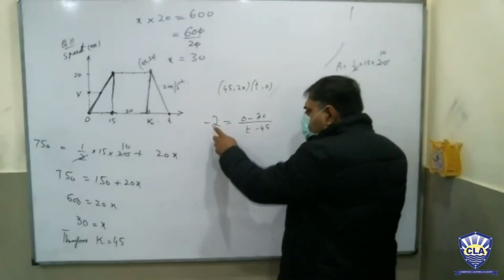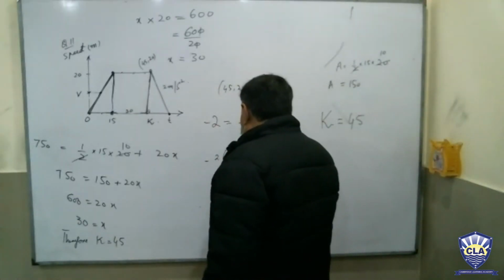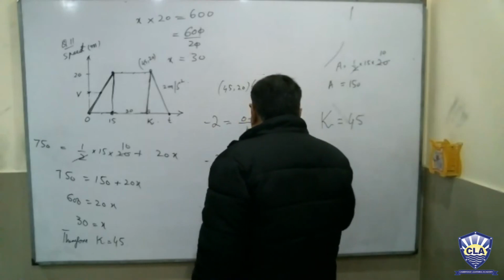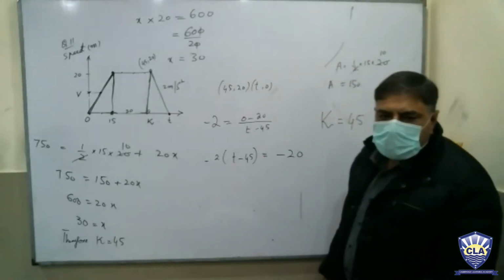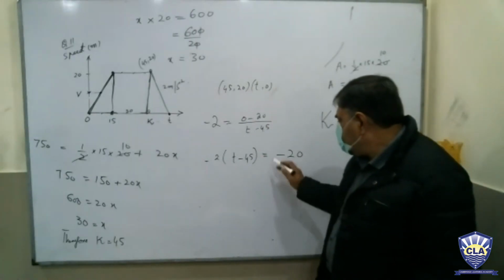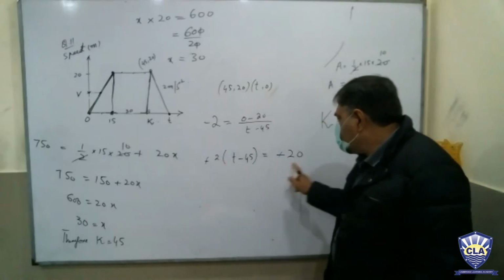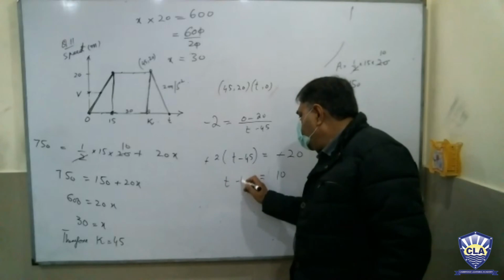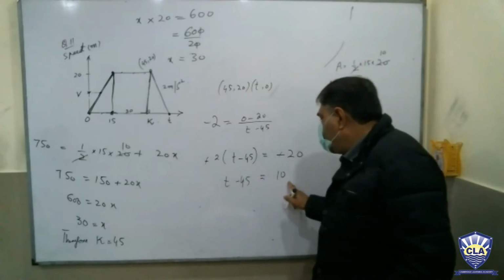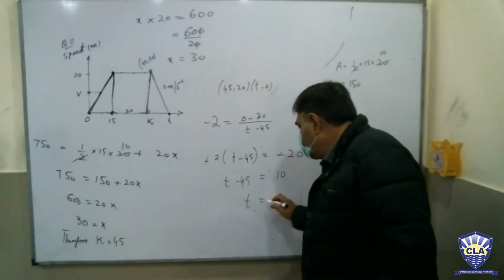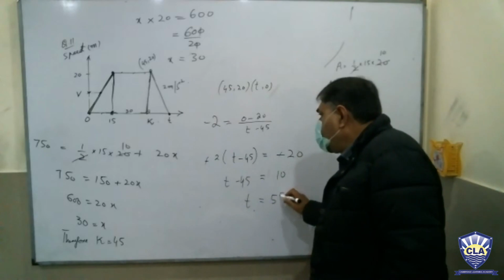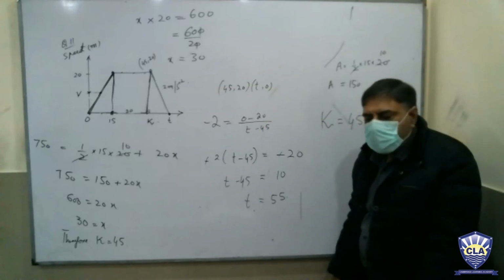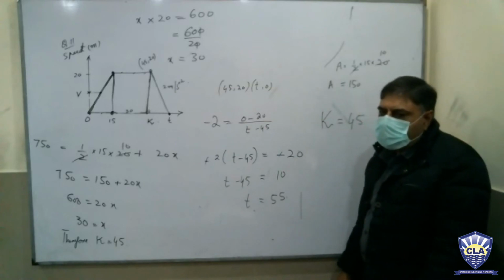Move this side: -2 into t minus 45 equals -20. Minus sign cancels from both sides. Divide by 2: t minus 45 equals 10. Add 45, so t equals 55. The value of t is 55.